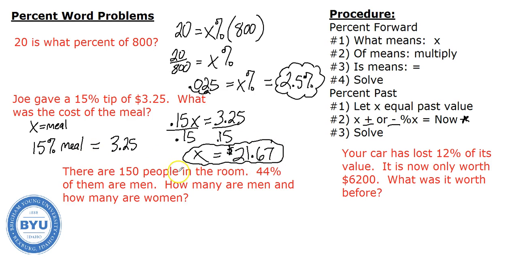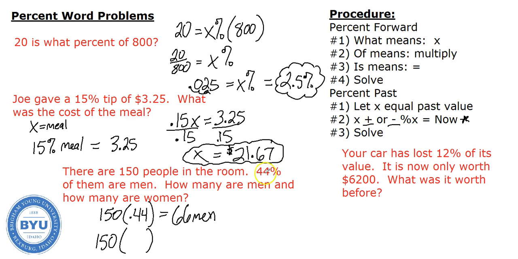Okay, there are 150 people in a room. 44% of them are men. To calculate that, we're going to take 150 and times it by 0.44. That'll tell us how many men there are. 150 times 0.44, that's 66 men. If we want to calculate how many women there would be, we would take 150 and times it by the opposite percent.